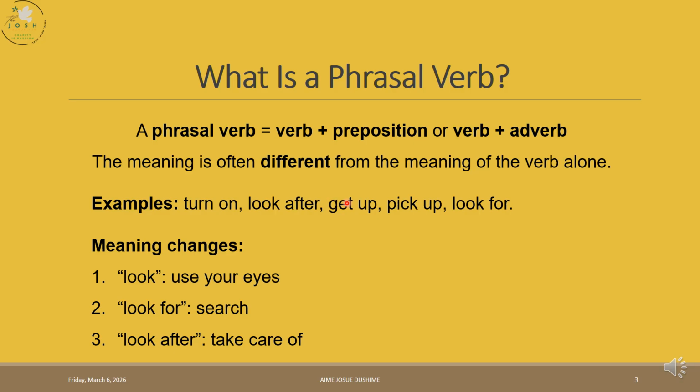Get up is different from the meaning of get. The meaning changes. When I say look, I mean use your eyes. But when I say look for, it means search. When I say look after, I just want you to take care of.